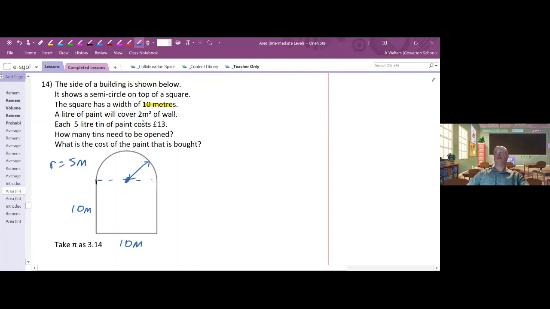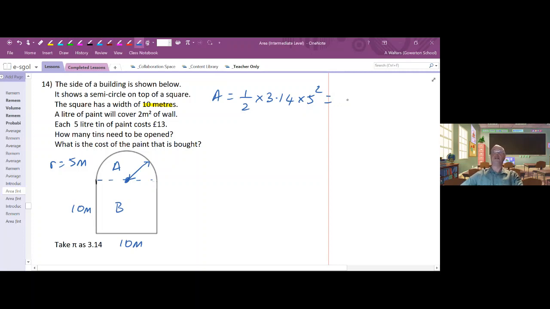So it's a problem-solving question about paint. So first of all, we're going to work out the area of the combined shape. So I'll call this A and this B. So A, which is the semicircle, we can either use a half times pi r squared. Now the radius is 5.